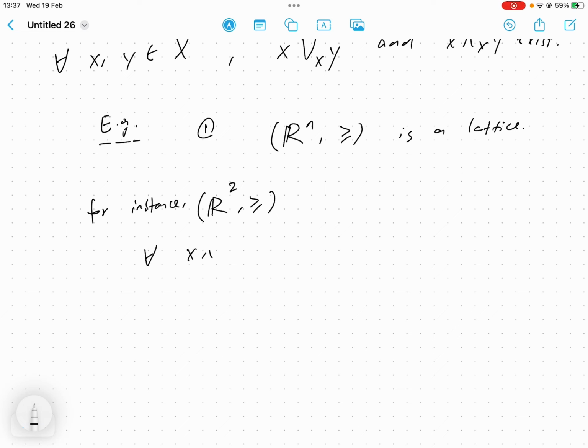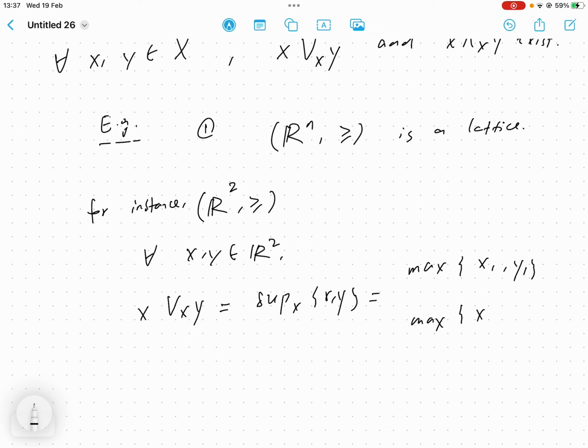Let's say for all x, y in R2, we're gonna have the join be the sup of x and y. That's gonna be the max of x and y in the first dimension and the max of x and y in the second dimension. That's gonna be our join.